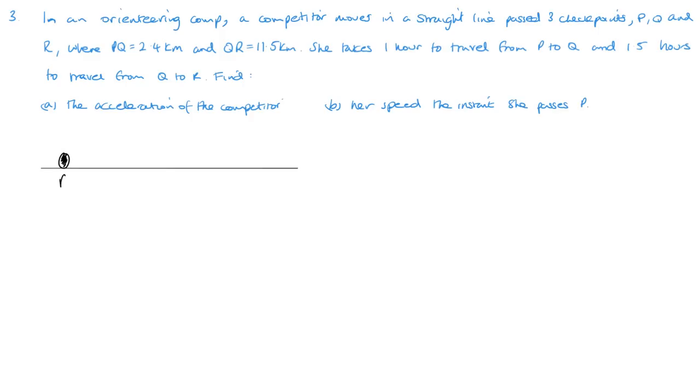So we've got P, Q and R. So this is T equals 0, T equals 1 and T equals, this will be 2.5, because it takes 1.5 hours between Q and R. And then in terms of velocities, we don't know any.